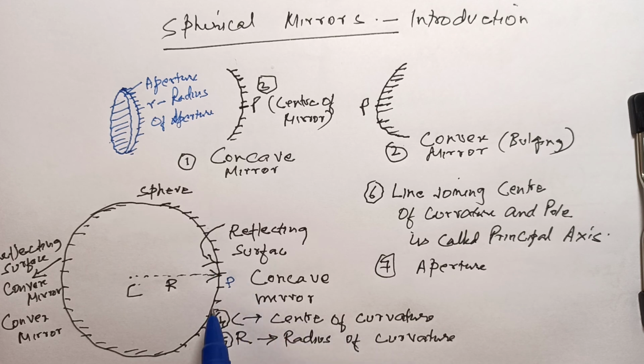If the light is transmitting from here to here, this is aperture, and if we take the diameter, that would be of this top cap of the cave-out portion where light is being transmitted. That is called aperture, and the radius of this cap would be the radius of aperture. So these are the 7 things we are covering here. Let's move forward.